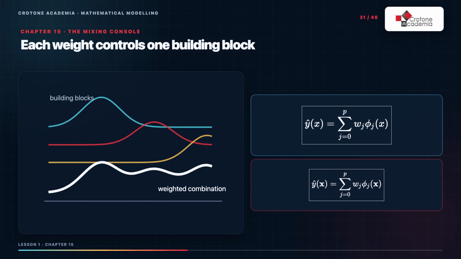Only now do we introduce the compact general notation, y hat of x equals the sum from j equals 0 to p of W sub j times phi sub j of x. With several raw inputs, replace x by the vector x. Knowledge check 6: in y hat equals w0 plus w1x plus w2x squared plus w3 sine x, the basis functions are 1, x, x squared, and sine x.